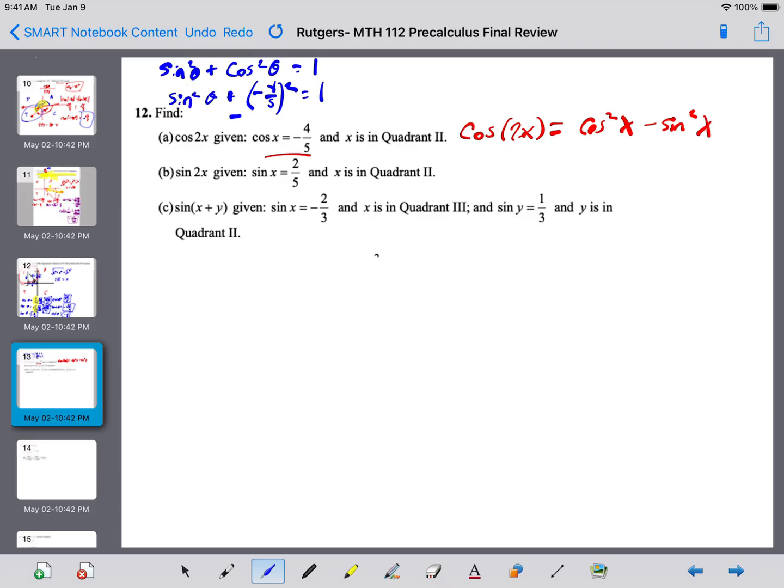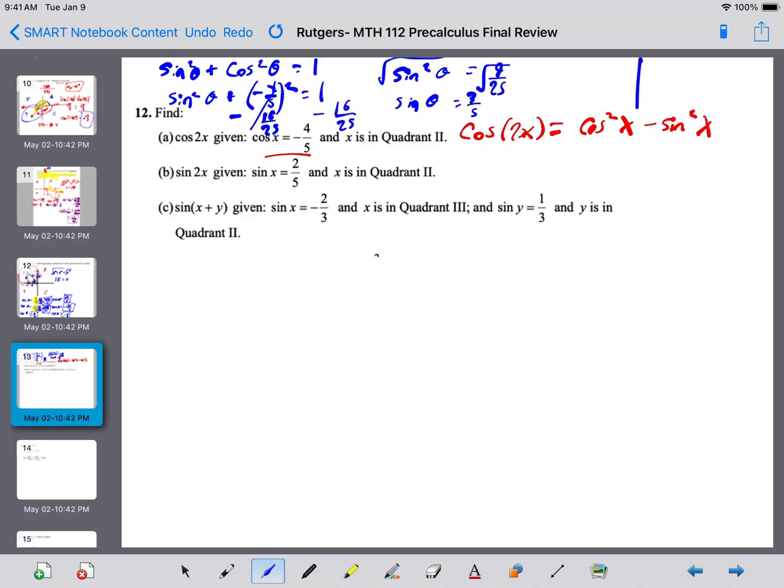We can subtract the negative 4 over 5 squared, which is just positive 16 over 25. This cancels out. We get sine squared theta equals 9 over 25. Take the square root of both sides. You get sine of theta equals 3 over 5.